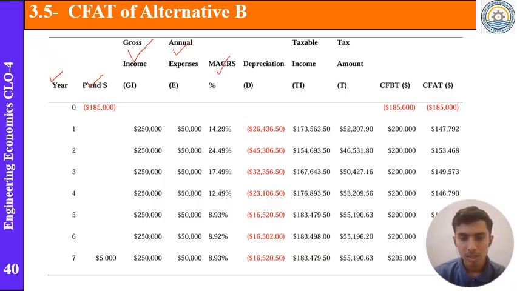Here the percentages of the depreciation are mentioned, and the depreciation amount is represented in the next column. The taxable income is represented in this column, and the tax amount is calculated by multiplying the taxable income by the 30% tax. The cash flow after tax is represented in the last column, and it is calculated by subtracting the tax amount from the cash flow before tax.